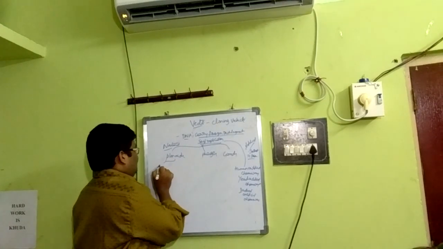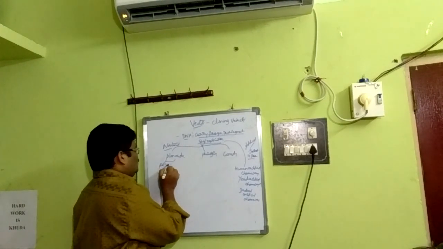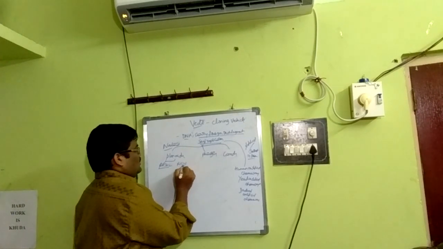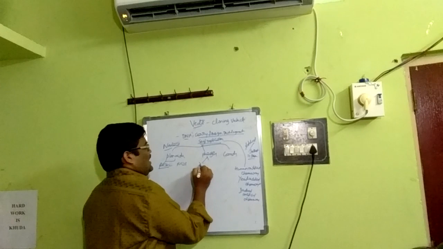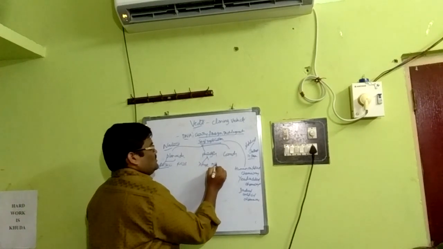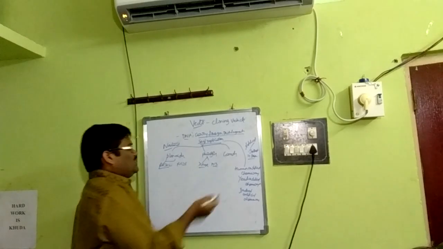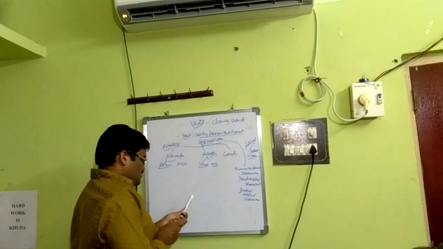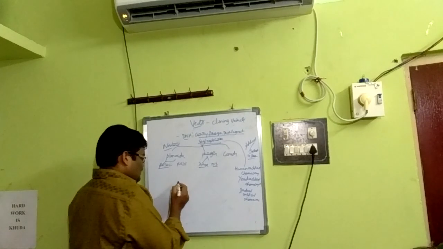Plasmids, say pBR322 or pUC101. Phages, say lambda phage or M13 phage. Some of the examples I have given here. pBR322 is the most commonly used plasmid.